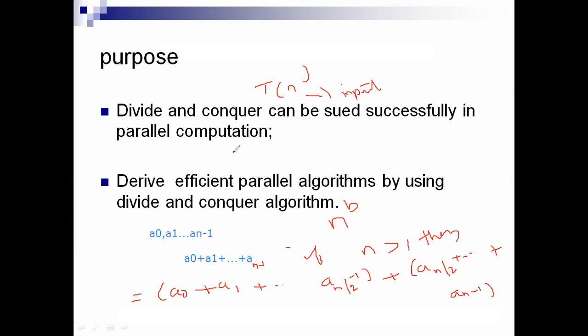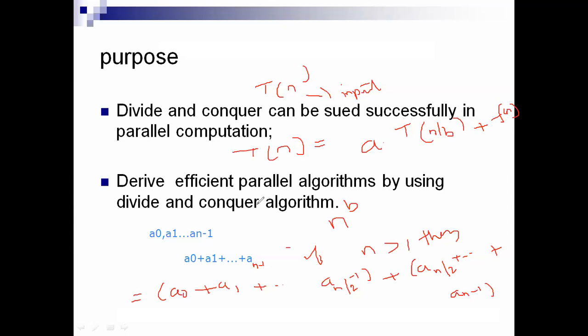So we have the formula: T of n, the time efficiency, equals a into T of n by b, plus the function f of n.